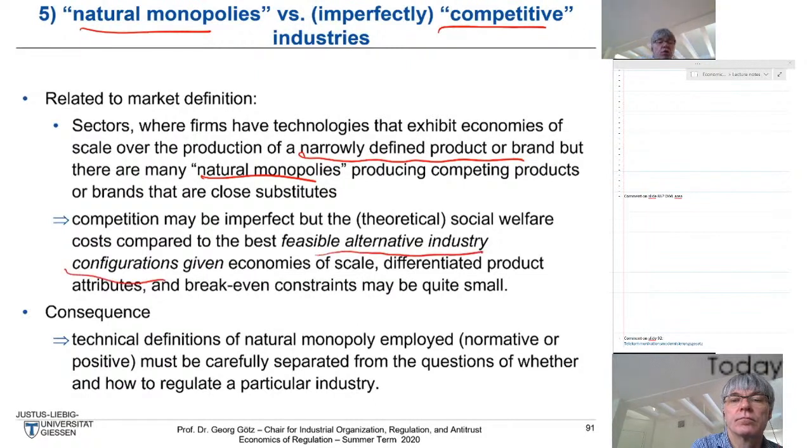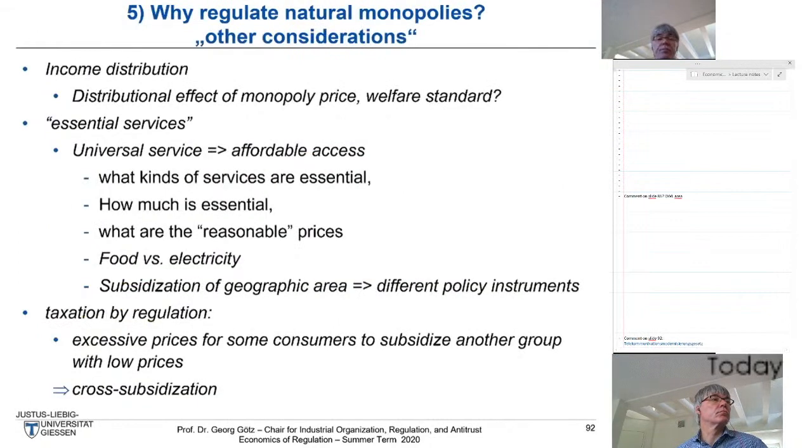So what is a feasible alternative industry configuration if we would try to regulate? So is regulation better than imperfect competition? So the consequence is that the technical definition of the natural monopoly must be carefully separated from the questions of whether and how to regulate a particular industry. Okay, that's what we always do, and that's what I mentioned several times.